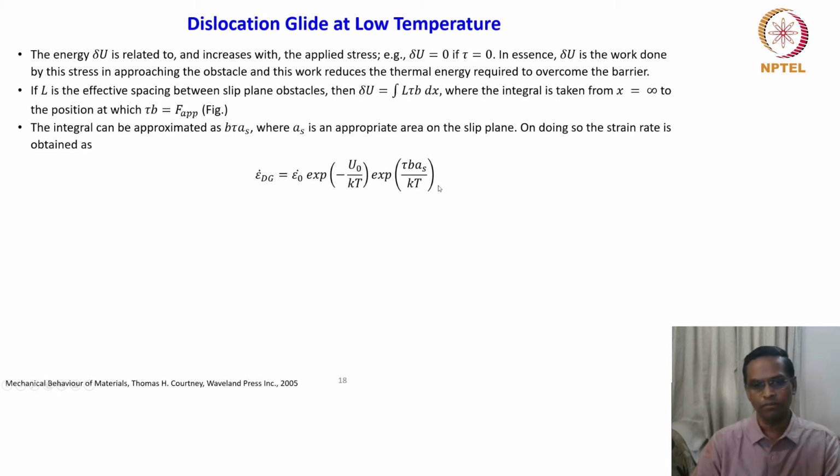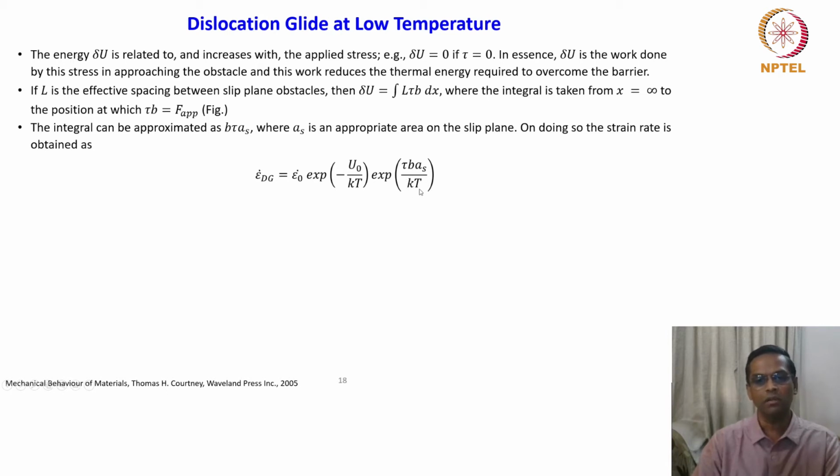So what is this? This term we know, this is an energy barrier, but this one is again an energy. So this is a stress into area, so it is a volume term. So this is a ratio of stress into volume divided by the thermal energy term.